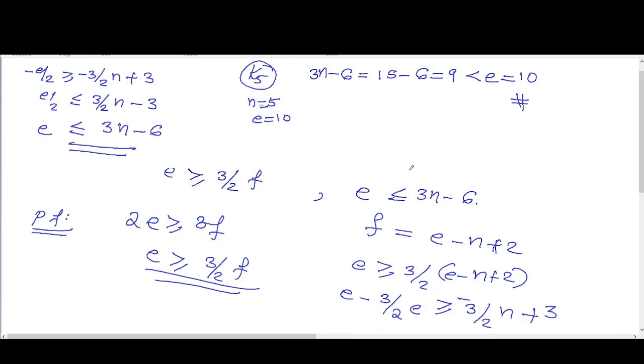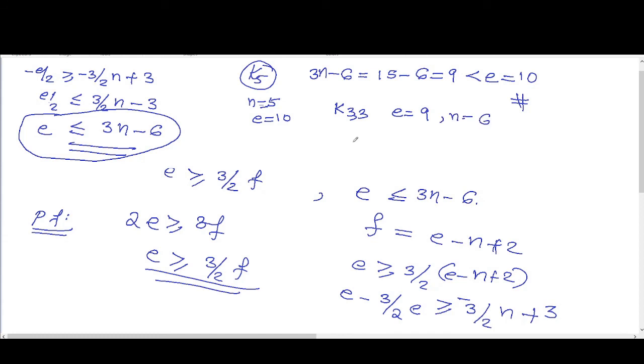A planar graph always satisfies this result. But if this result is satisfied, that does not imply the graph is planar. For example, consider K33. The number of edges is 9 and the number of vertices is 6.